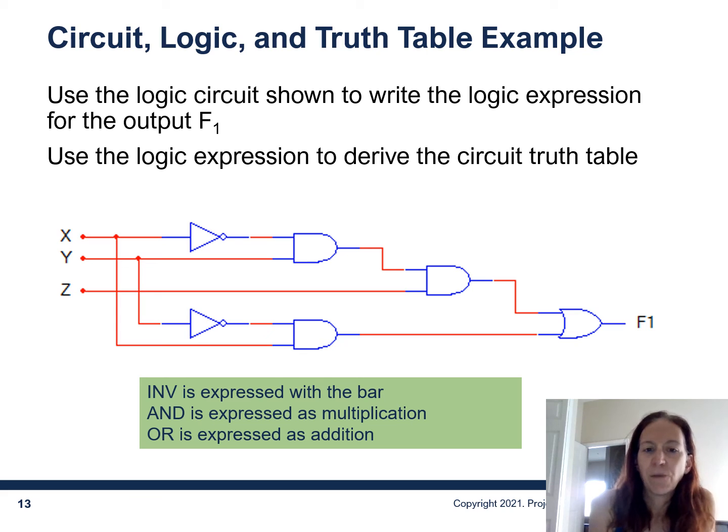And AND is expressed as multiplication. So whatever you have coming in on the 2 branches of the AND, you write that as a multiplication. And then an OR is expressed as addition. They never said that, which you kind of need to know if you're going to write the logic expression. So the OR is expressed as an addition.